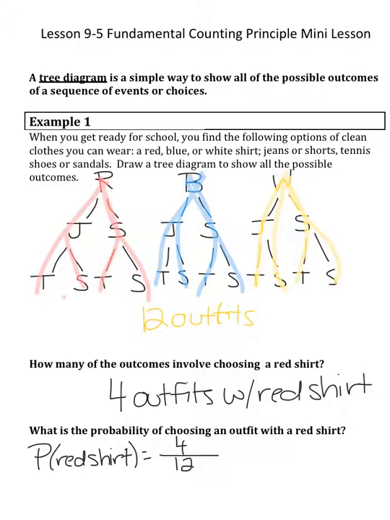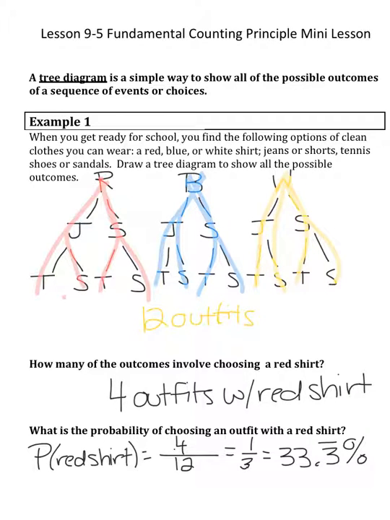Those were the paths from your tree diagram. 4 twelfths can be simplified, so we wouldn't leave it like that. 4 divided by 12 reduces to 1/3. If you do the division, you would get a repeating decimal. It's 33.3 repeating percent.